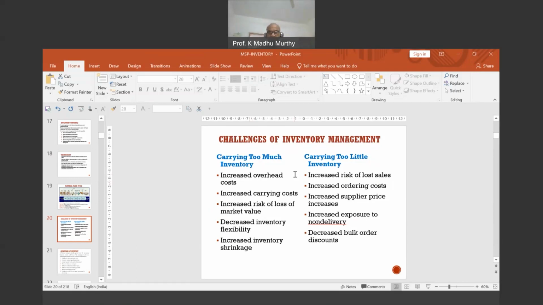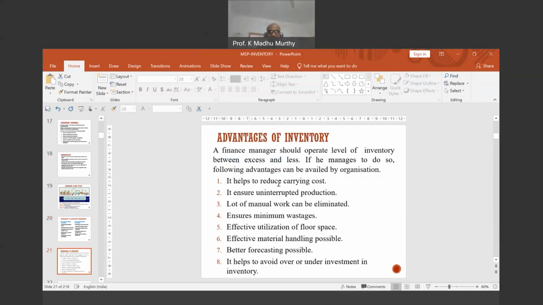Similarly, if you have too little inventory, it increases the risk of lost sales, lost customers, increased ordering costs, increased supplier price increases, or increased exposure to non-delivery, and decreased bulk order discounts.